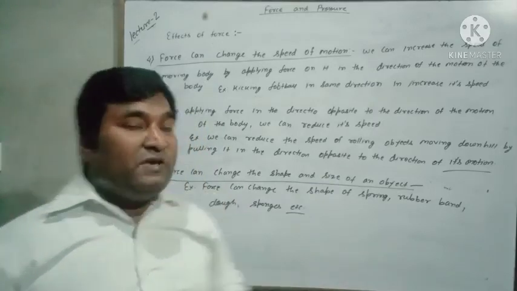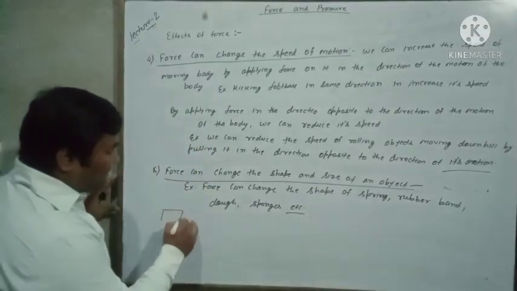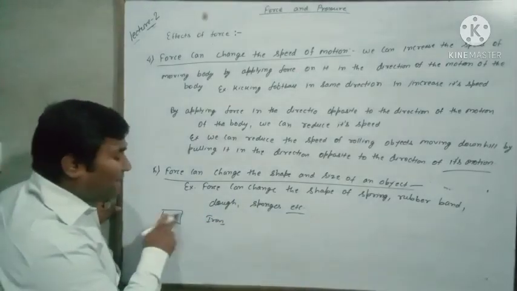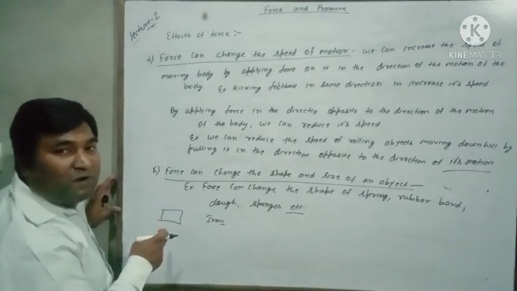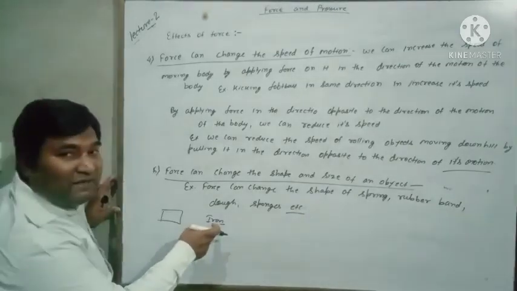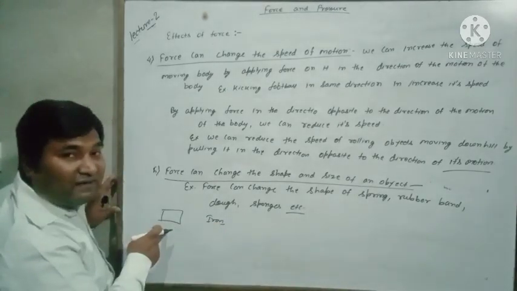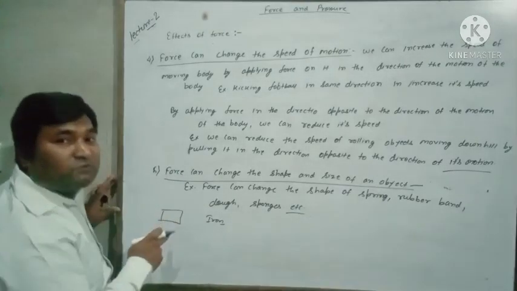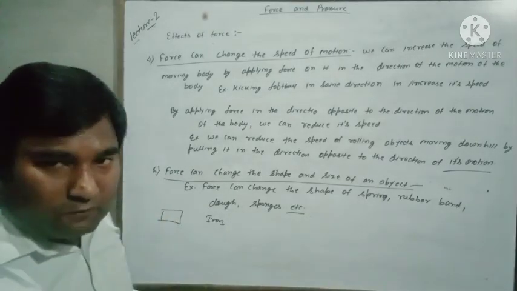For example, if you place a magnet here and an iron piece here, this magnet will pull the iron piece towards itself. So this iron is moving towards this magnet, which means there is a force. So this type of force is called non-contact force.